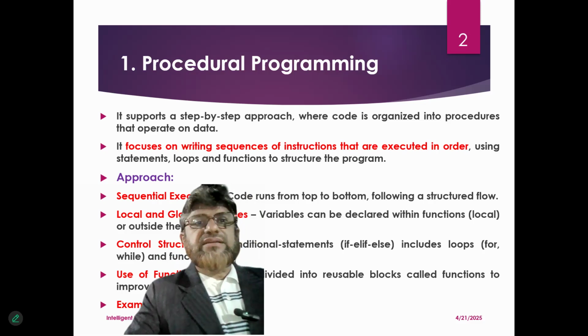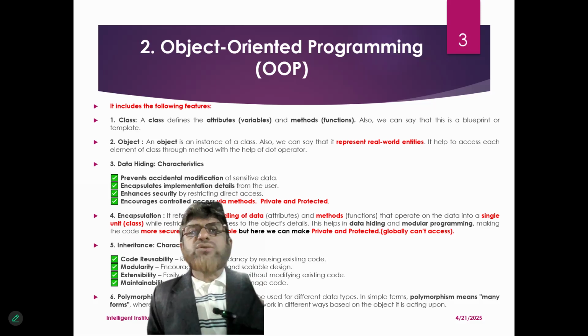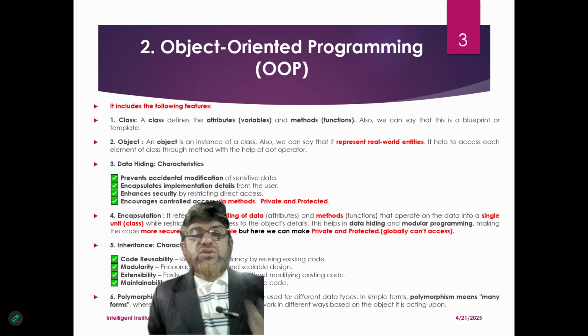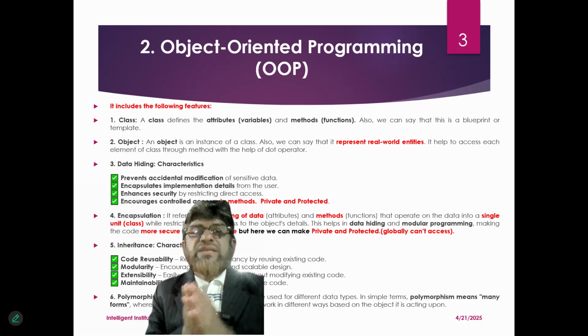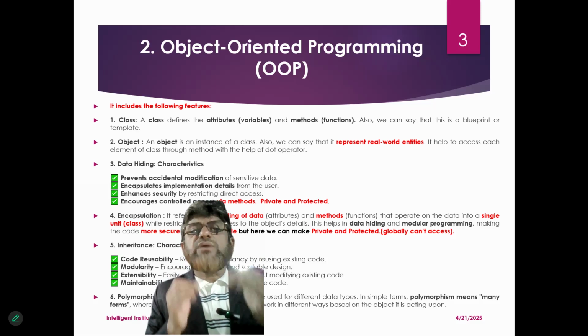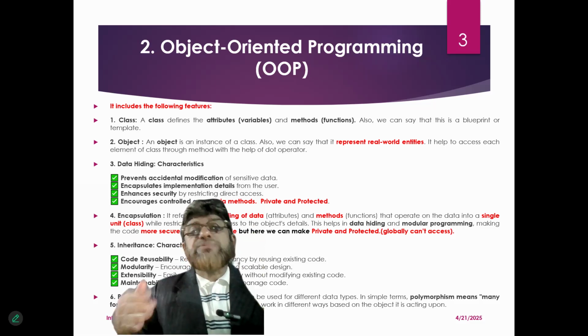Let's see the second technique. The second technique is called the object-oriented programming technique. I will make a separate lecture on this. Now I am explaining the techniques because when you go for an interview, the interviewer will ask different questions on different types of techniques.